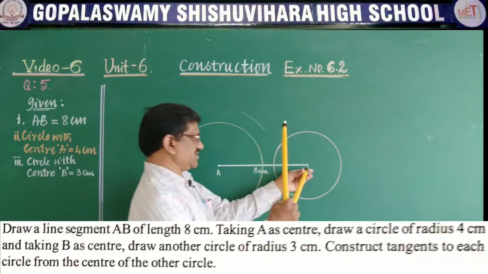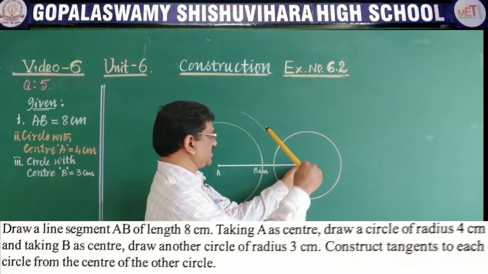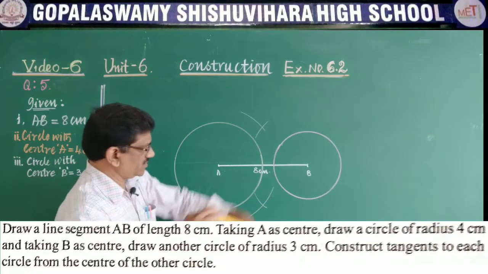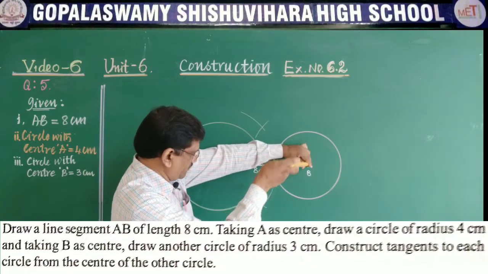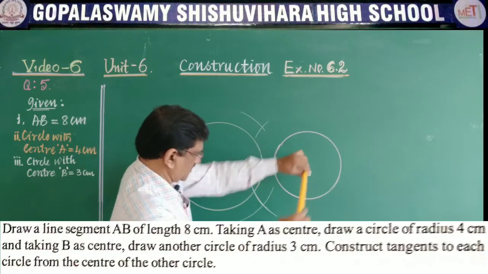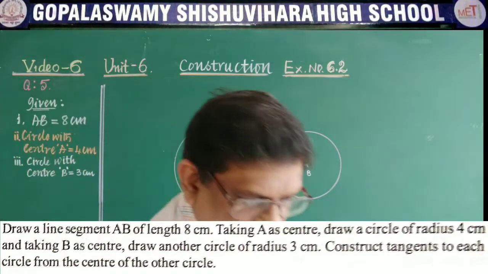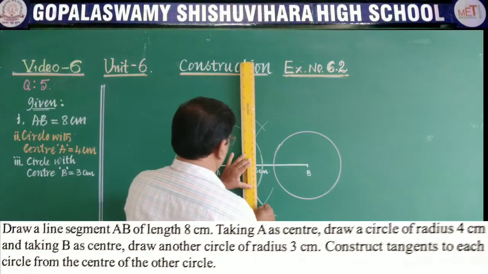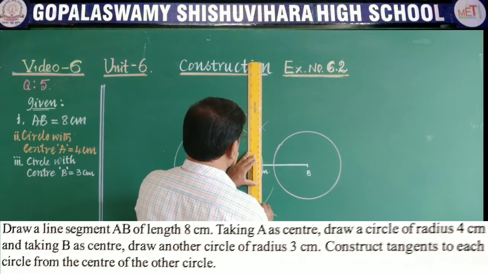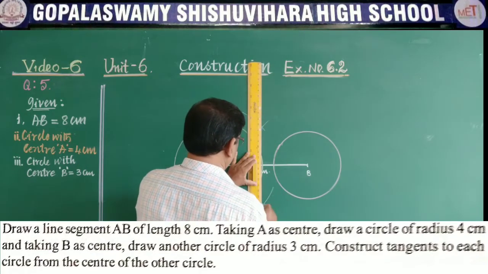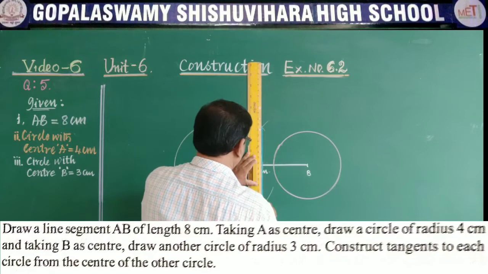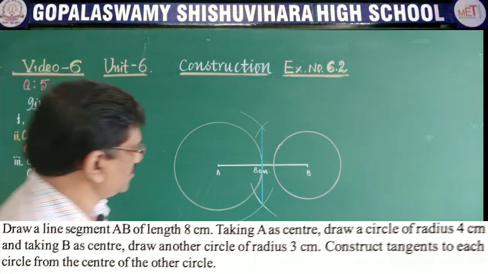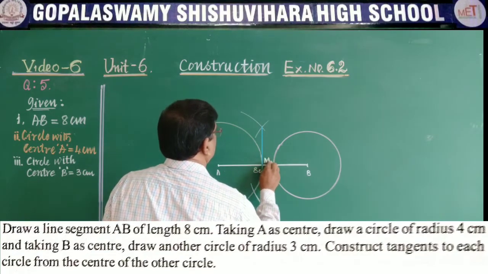Now with B as a center, with the same radius, cut the arcs drawn from A. Okay, like this. Then after that, you join them. Where it cuts the line segment, let it be M, that is nothing but the midpoint of AB.